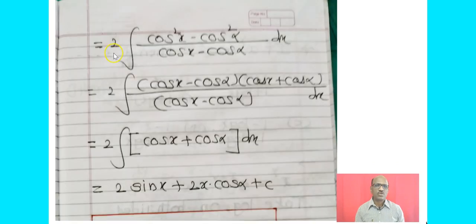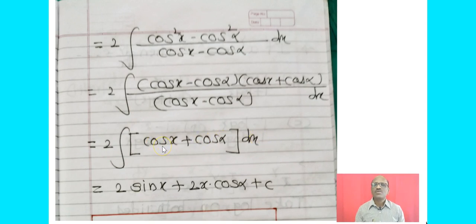Now as 2 is common, that is 2 integral of (cos square x minus cos square alpha) upon (cos x minus cos alpha) dx. Now we can split it up, that is (cos x minus cos alpha) in the first bracket, and (cos x plus cos alpha) in the second bracket. The cos x minus cos alpha in the numerator and denominator get cancelled, and you are getting 2 integral of (cos x plus cos alpha) dx.